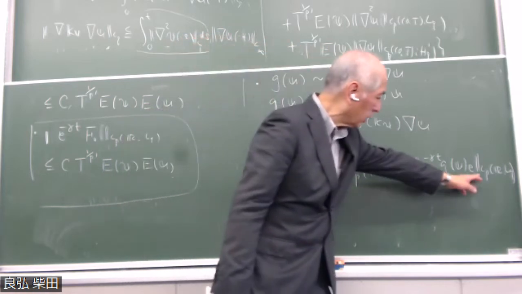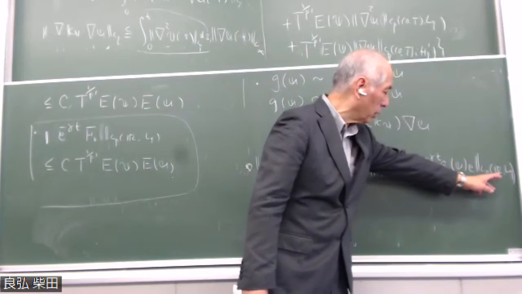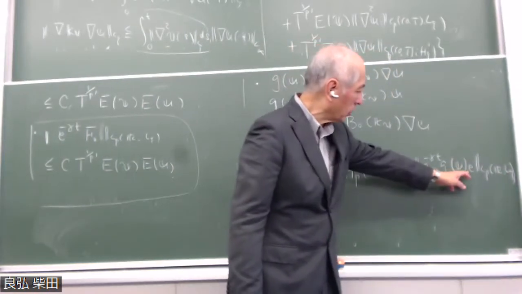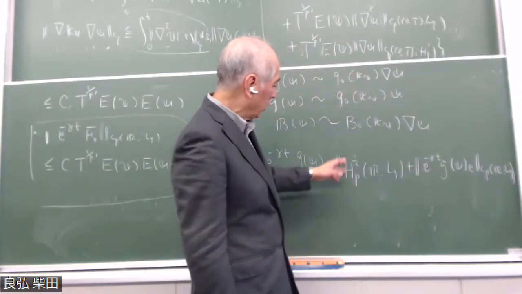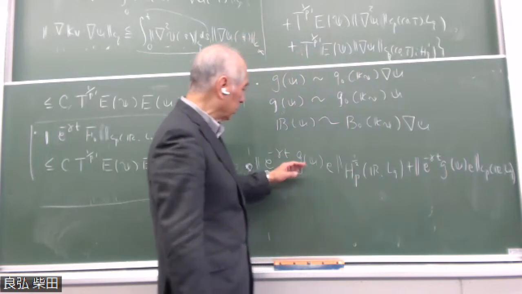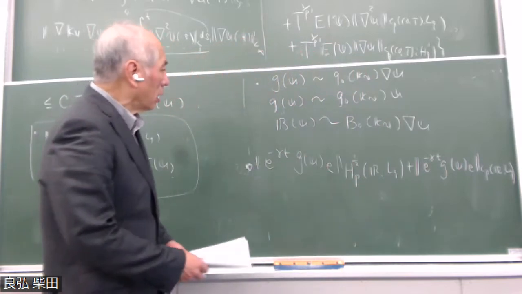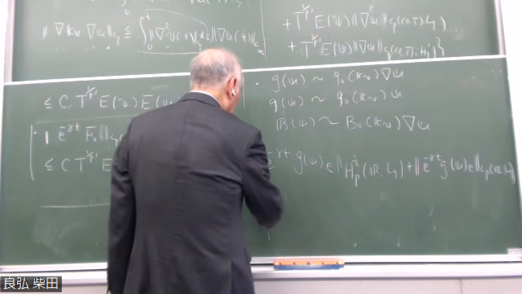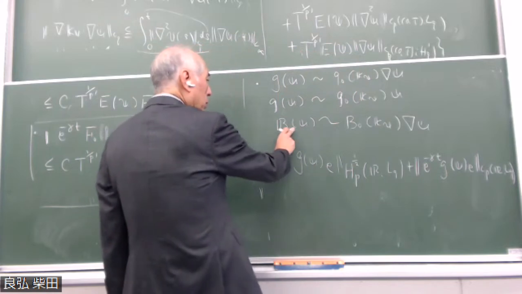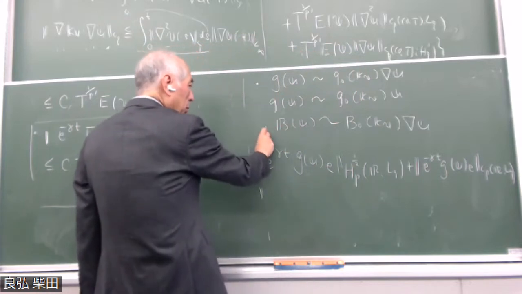Of course, for this case, this is only L p in time. Therefore, the zero extension is okay, but for h1/2 p, in this case it's not good. And also BU and GU are the same.